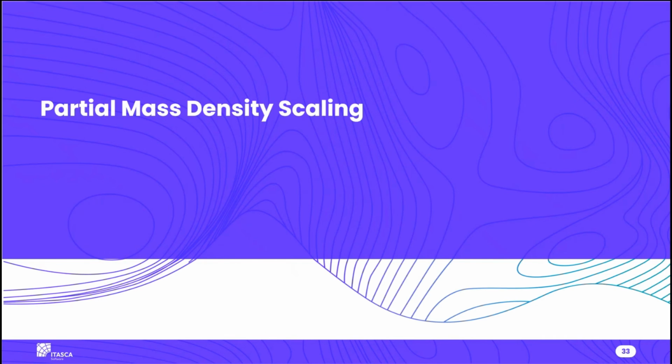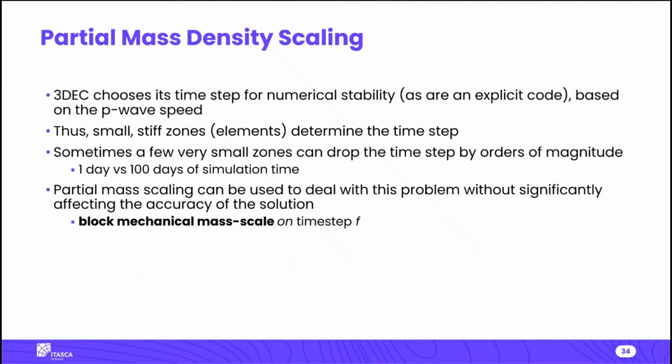Okay, last topic, partial mass density scaling. As discussed many times already, the time step in 3DEC depends on the stiffness of the zones, the size of the zones, and the density of the zones. In the static analysis, when we don't really care about the integrity of our waveform, we do this trick where we find the smallest zones and the stiffest zones, and we increase their mass so that they don't kill the time step.